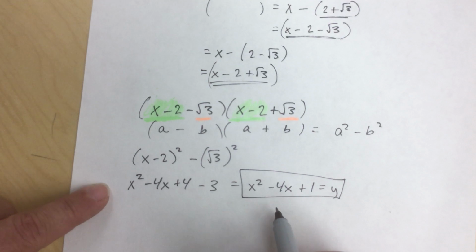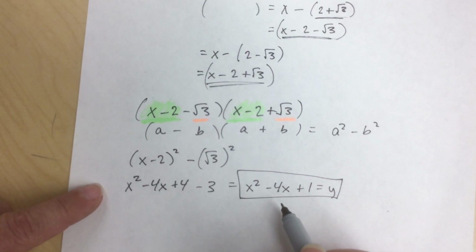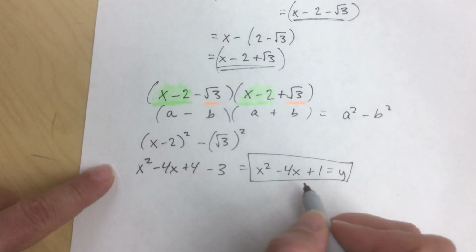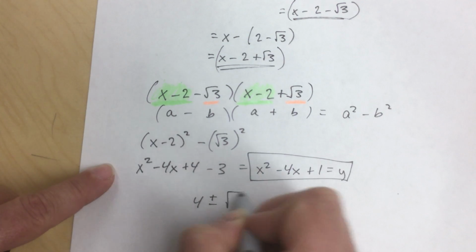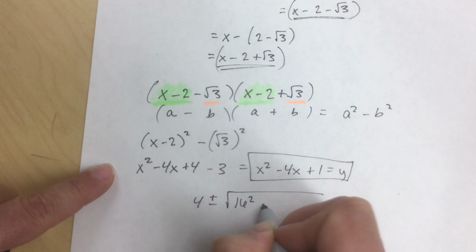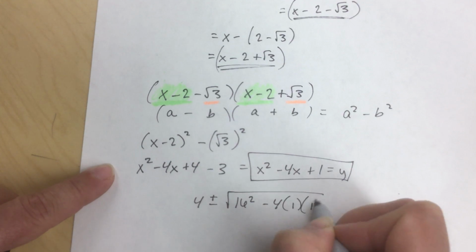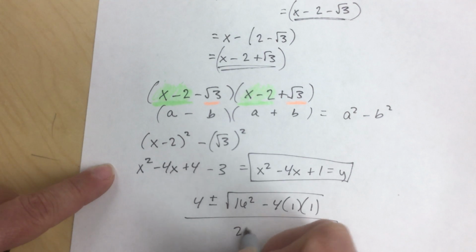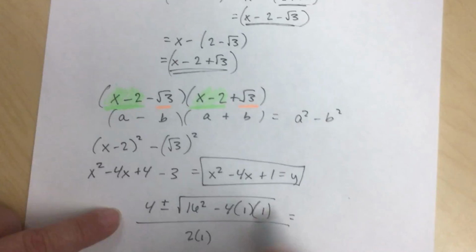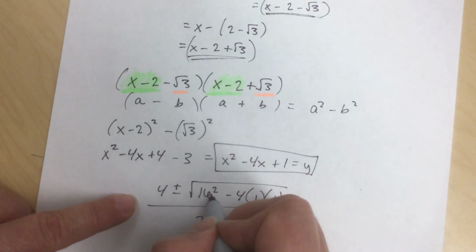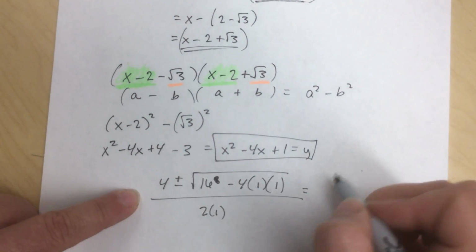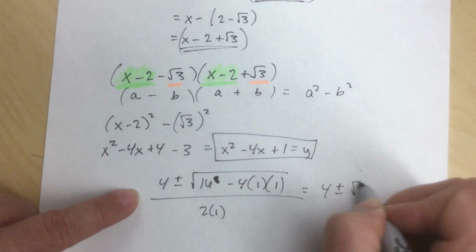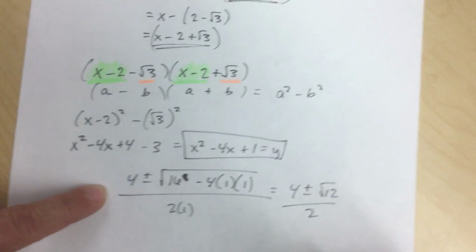If you were to take that and do the quadratic formula with it, let's look and see what you would get. Negative b plus or minus radical b squared minus 4ac all over 2a. B squared is 16. 16 minus 4 is 12. 4 plus and minus radical 12 all over 2.